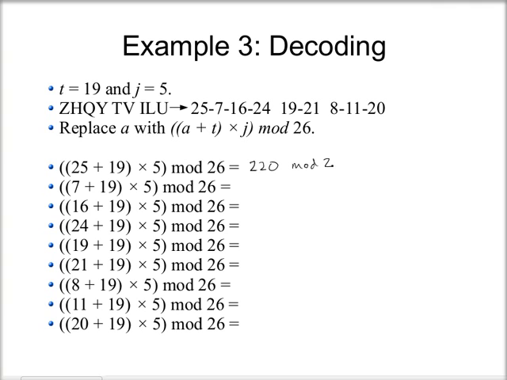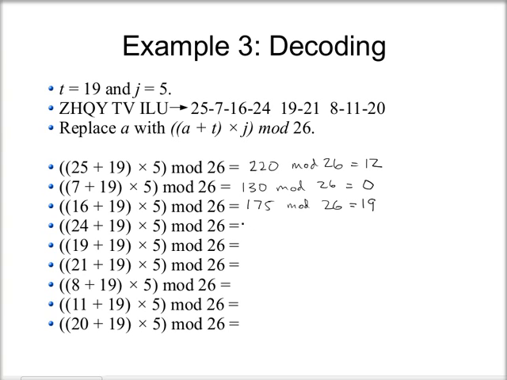Mod 26 is equal to 12. 7 plus 19 times 5 is 130, mod 26, which is equal to 0 because 130 is evenly divisible by 26. 16 plus 19 times 5 is 175. Mod 26 is equal to 19.